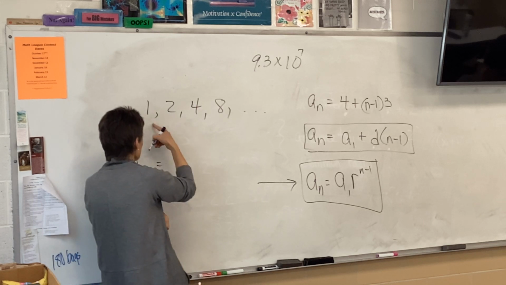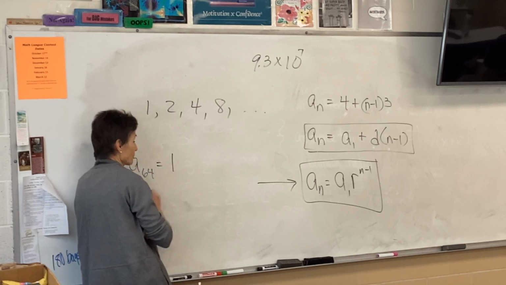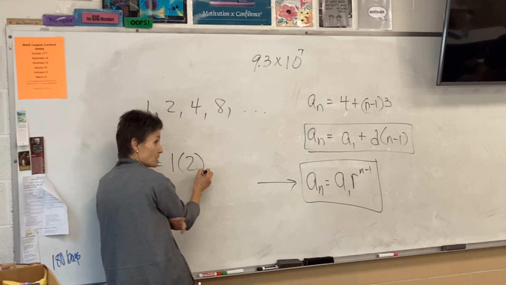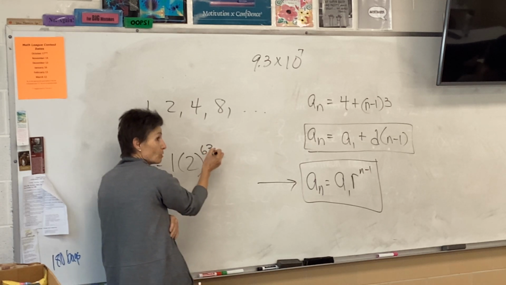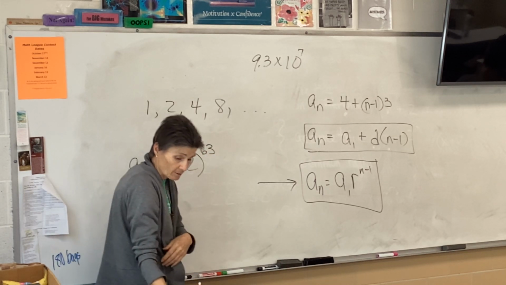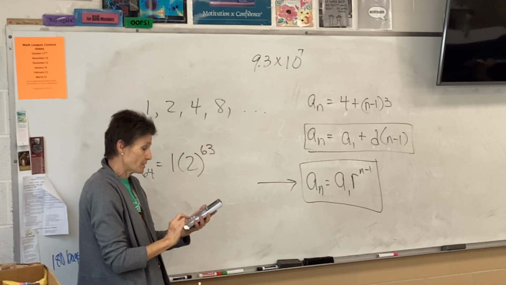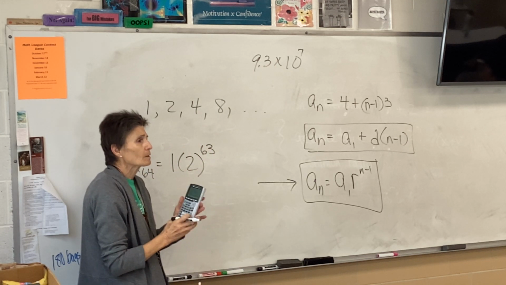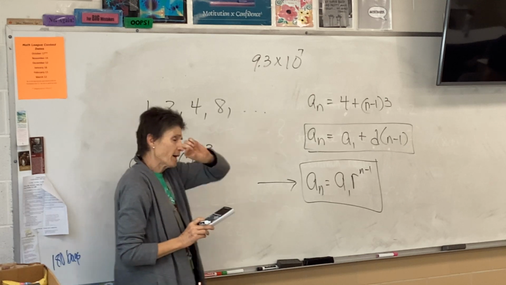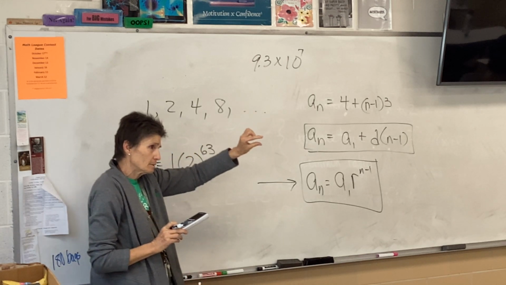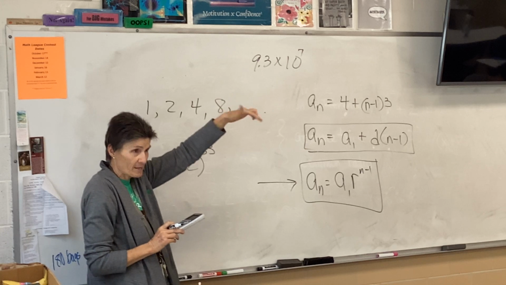So we'll take our first term, which is 1, and our ratio, which is 2, to the 63rd power. All right, so let's take our calculators out. Now let's just figure out what 2 to the 63rd is. Now remember, you gotta look all the way across, because you gotta notice that E on the end of it.